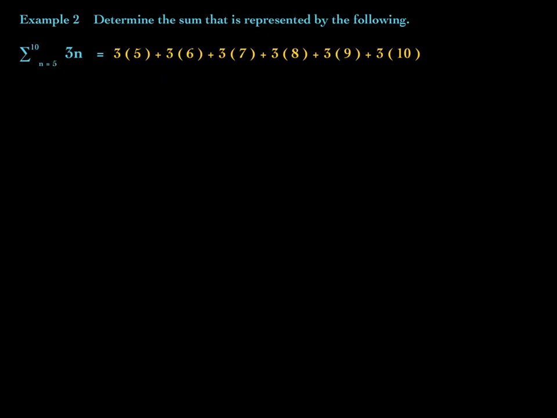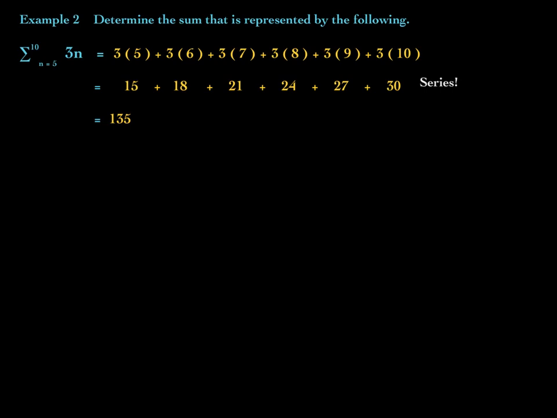All right, let's keep going. This gives us 15 plus 18 plus 21 plus 24 plus 27 plus 30. Now, guys, I just want to emphasize, this is your series. This is a sum of numbers. So this is a series. All right, the sum is 135. So this is sigma notation, everybody.